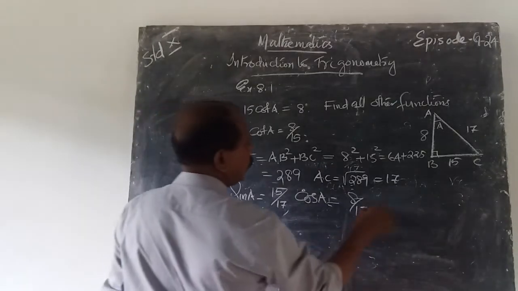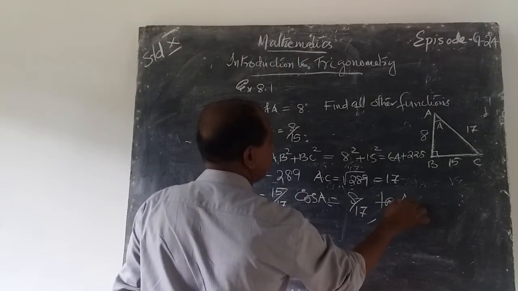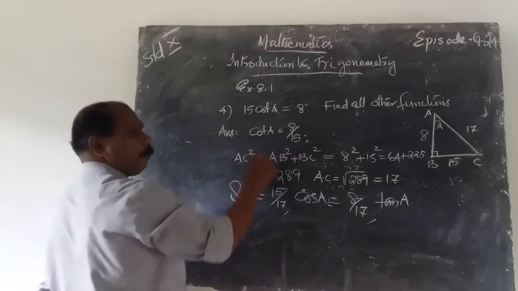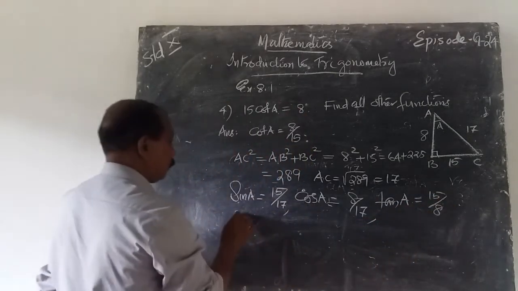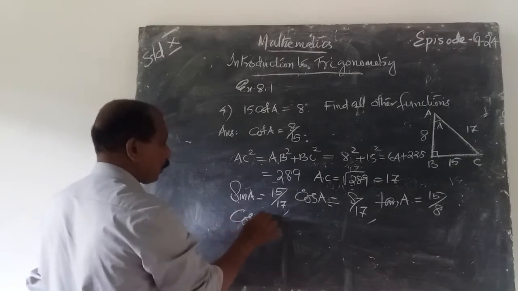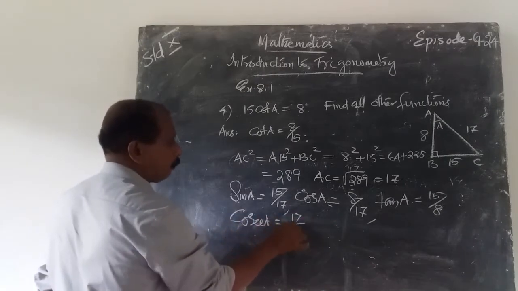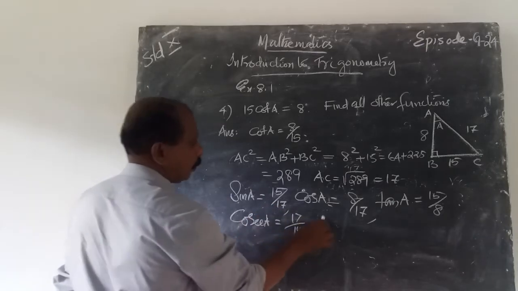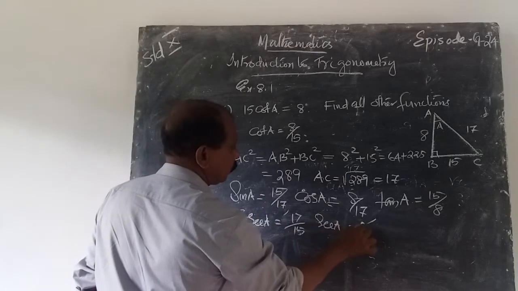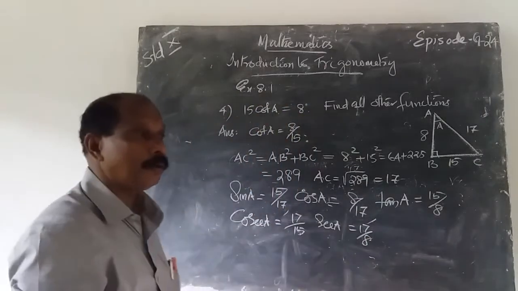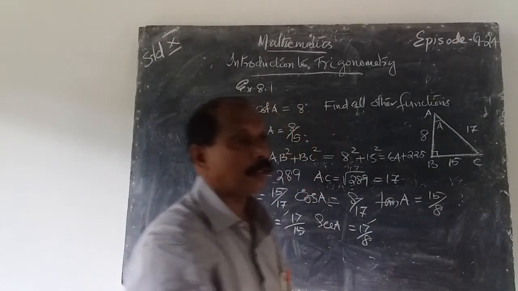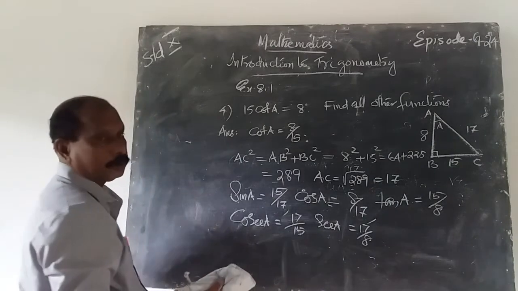And tan A is the reciprocal of cot A, 15 by 8. Then cosec A is the reciprocal, 17 by 15. Sec A is 17 by 8. Cot A is already given. We can find all five trigonometric functions.